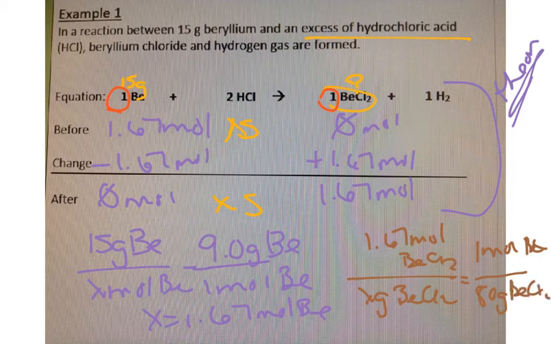Once you cross multiply, you end up getting 133.3 grams, which rounded to sig figs would be 130 grams. So theoretically, in an ideal world, I would produce 130 grams of beryllium chloride.